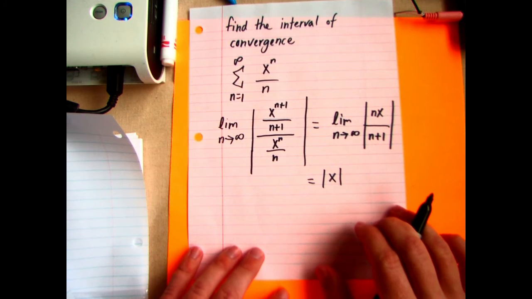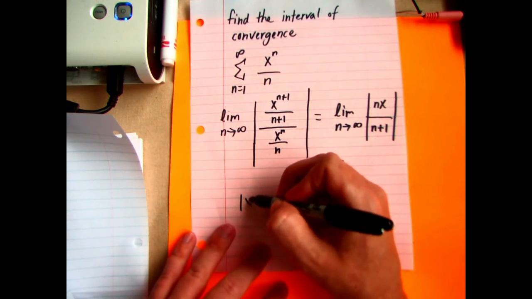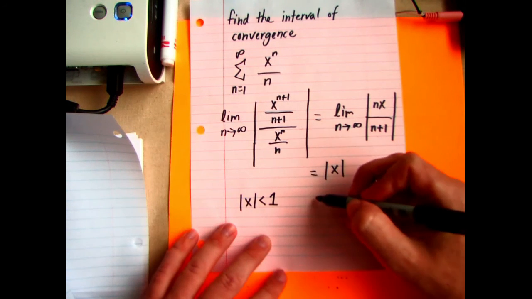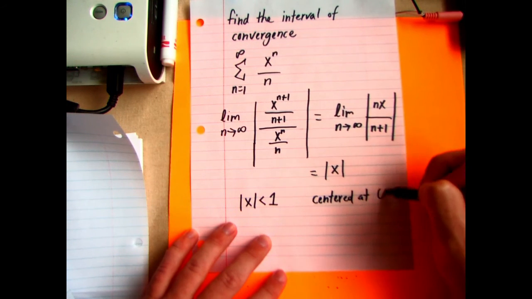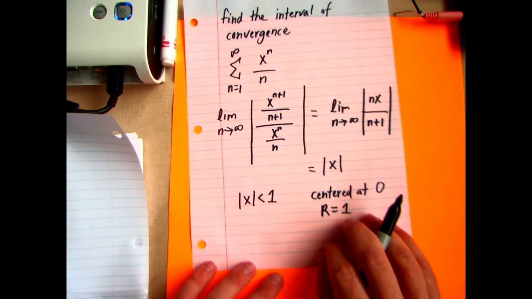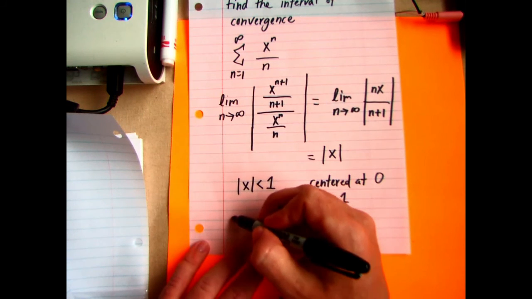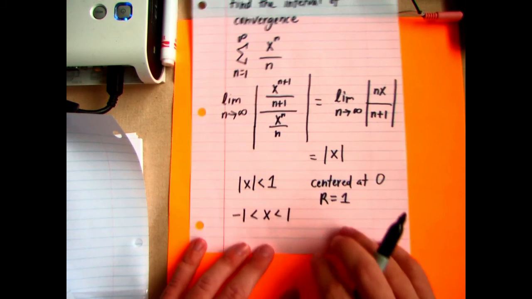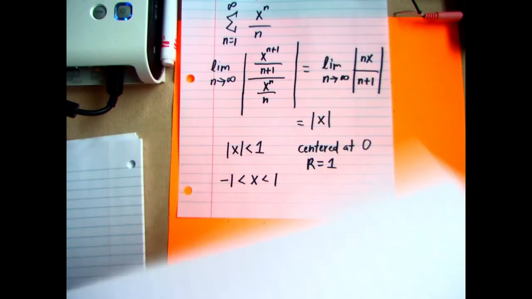So again, with the ratio test, I'm concerned with comparing that result to the value of 1. So I'm going to compare the absolute value of x to 1. If it's less than 1, then it converges. So this problem is centered at 0, and it has a radius of 1. And we see that if we expand this absolute value inequality, that inequality is negative 1 less than x less than 1.